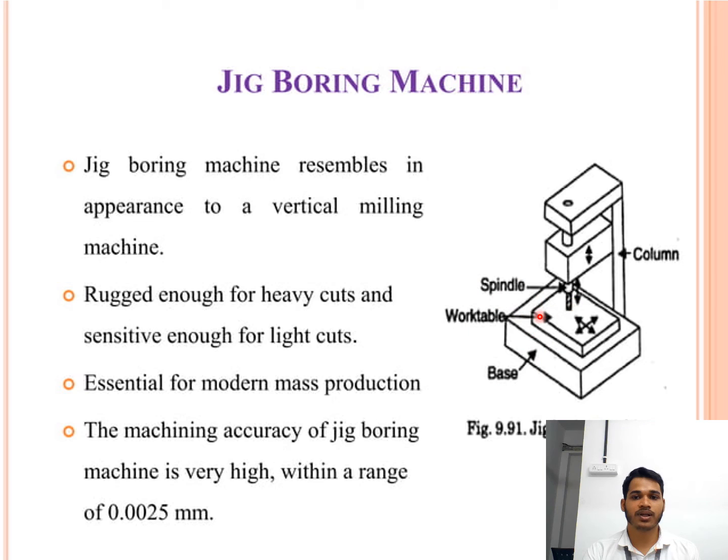This is the spindle, which is vertically positioned, this is the column, this is the workpiece, and this is the base. The spindle can move upward and downward, and the workpiece is arranged over the working table. So the jig boring machine is generally used for more accuracy, and it is also used for mass production.